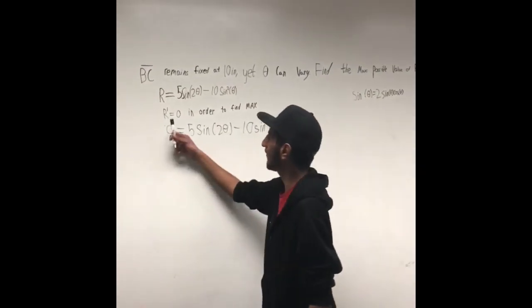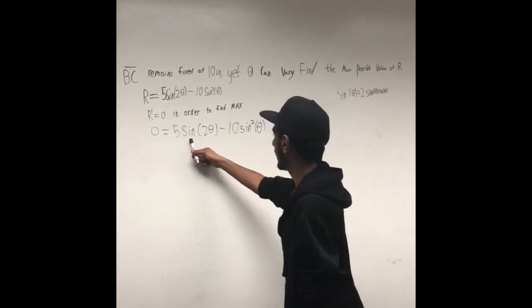Once we set the derivative of r equal to 0, we take the derivative of this stuff.